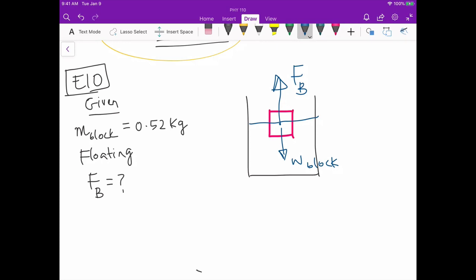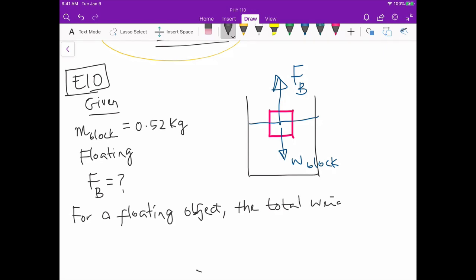This is the thing I want you to always keep in mind: for a floating object, as far as the object is floating, the total weight of the object is completely supported by the buoyant force.